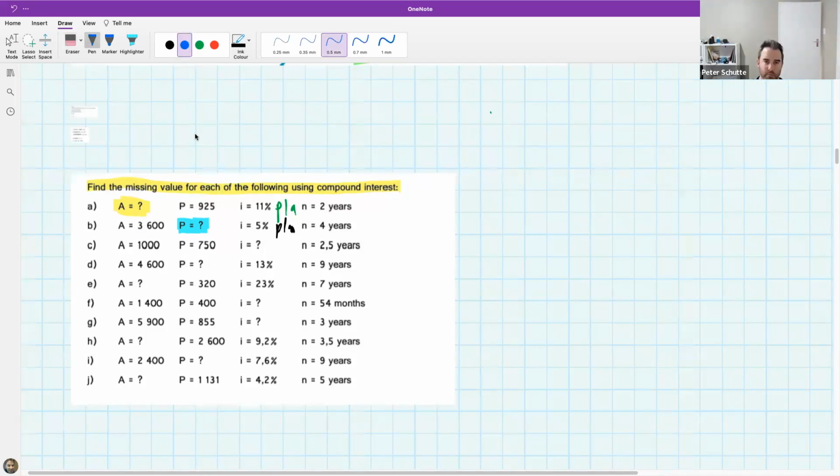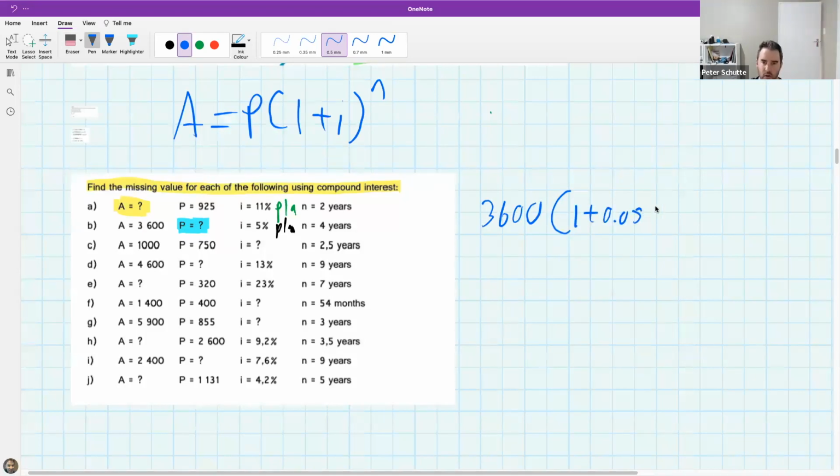I'll put the formula up again so that you have that accessible. When this actually should be by itself there. So we should have.